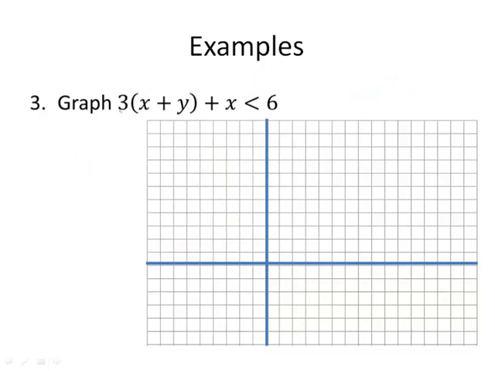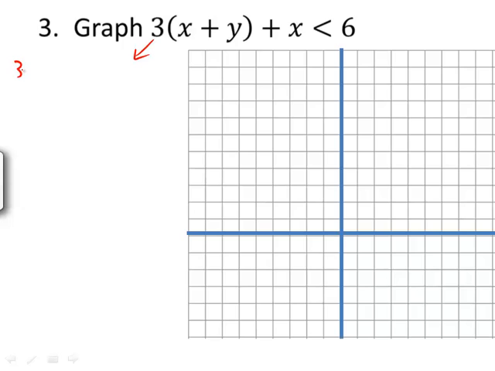Let's try this next equation. We first need to solve it a little bit so that we can get y by itself. So we have 3x plus 3y plus x equals 6. I'm going to look at just the equals bit so that I can draw the boundary. So we have 4x plus 3y is equal to 6.